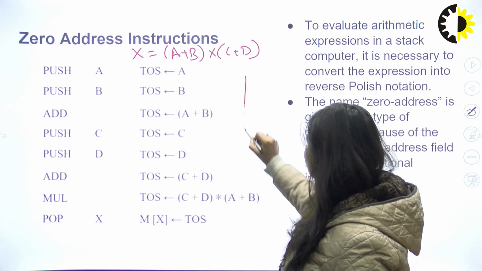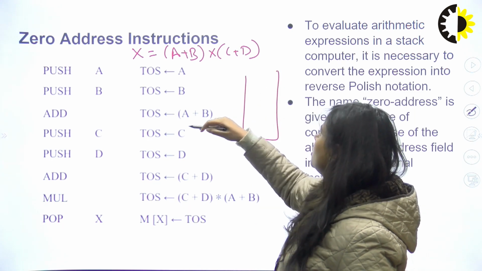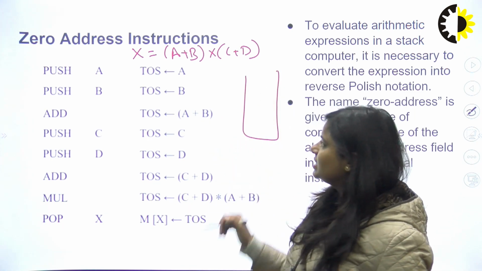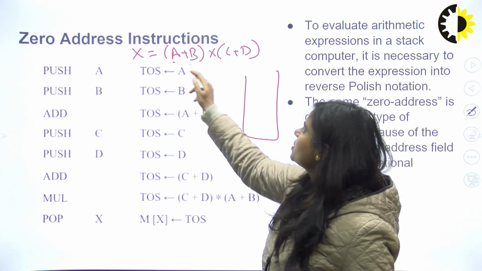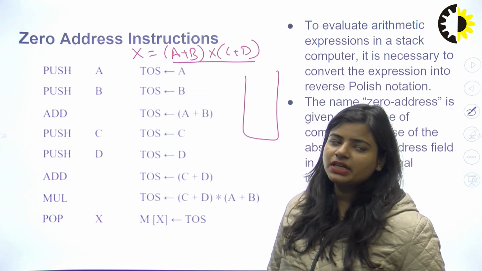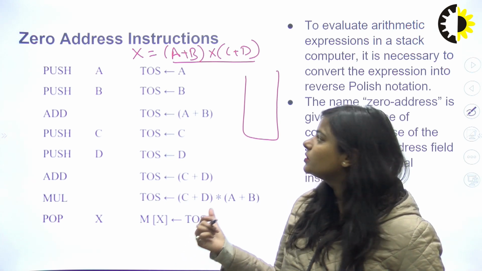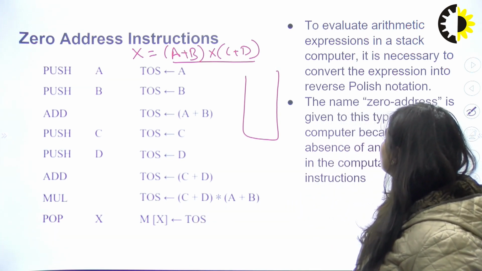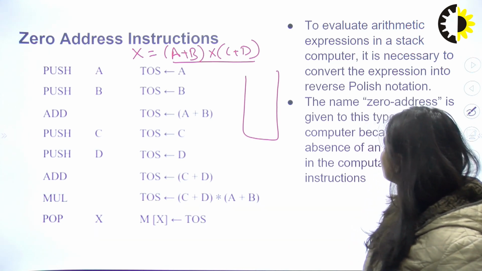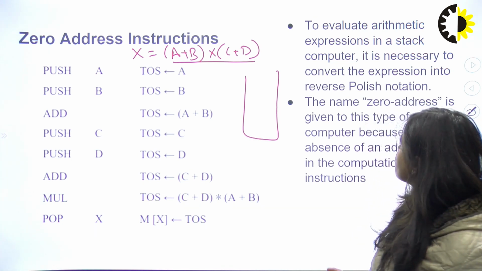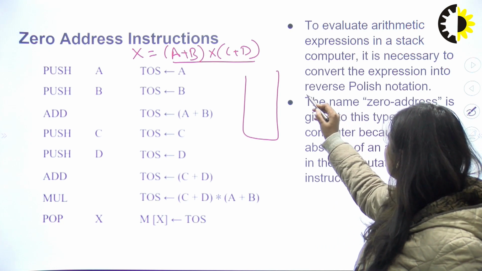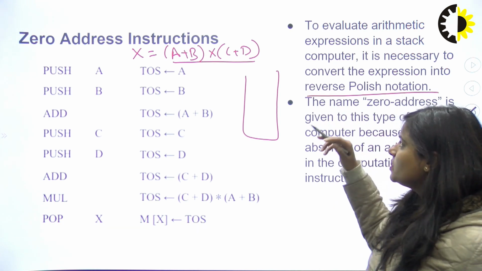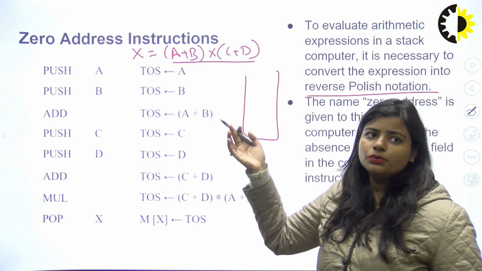First we are going to take a stack. We will just push and pop the data of the expression, and we will resolve the contents of this X equation. Here we are going to evaluate the arithmetic expression in a stack computer. It is necessary to convert the expression into reverse Polish notation. What is reverse Polish?